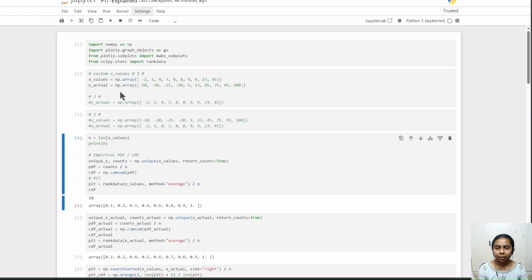In this example, x values are the model outcomes, and x actual are the actual outcomes in the market.